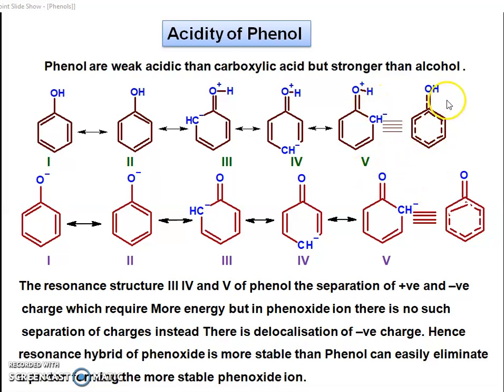After removal of the proton in carboxylic acid, the negative charge is stabilized along the carbonyl carbon, and therefore carboxylic acid is more acidic than phenol. But in phenols, after removal of the proton, the negatively charged phenoxide ion is stabilized by the R effect. But when we compare, phenols are weaker acids than carboxylic acids.